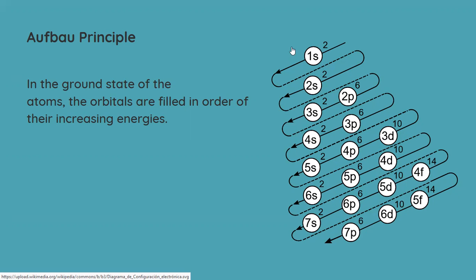So this basically gives us the idea about the energies. The lower energy will be filled first, then the next one will be the higher energy, and it will go on as it follows. For example, in potassium, the valence electron has the option to fill into either 3d or 4s.